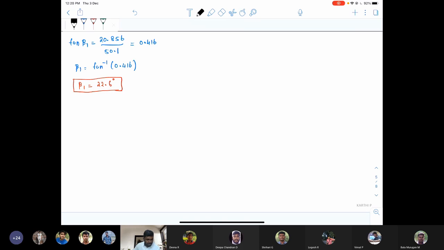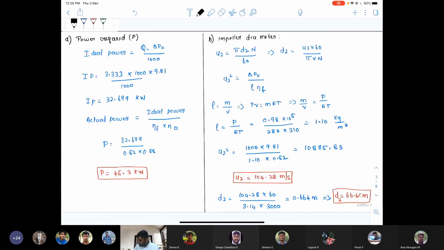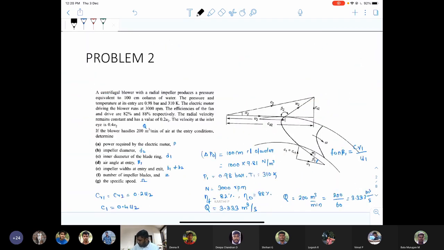Okay, this is how we have found out the value of beta 1. And the next subdivision is the impeller width at the entry and exit, which is B1 and B2.